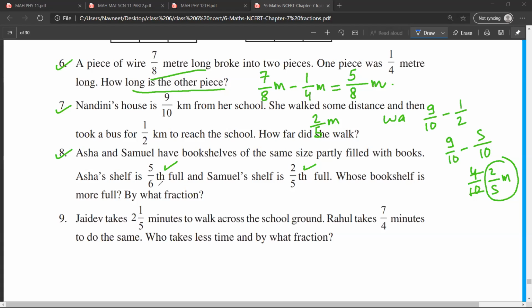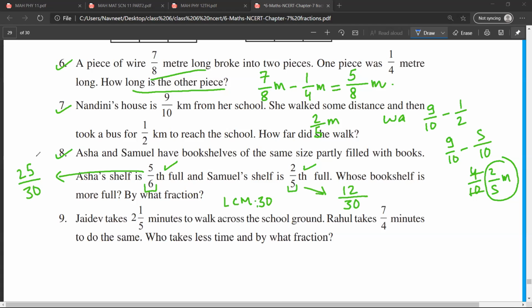You are absolutely right. So I need to find the LCM of 6 and 5. LCM of 6 and 5 would be 30. I can write this as 25 by 30, and this as 12 by 30. So which will be the bigger shelf?